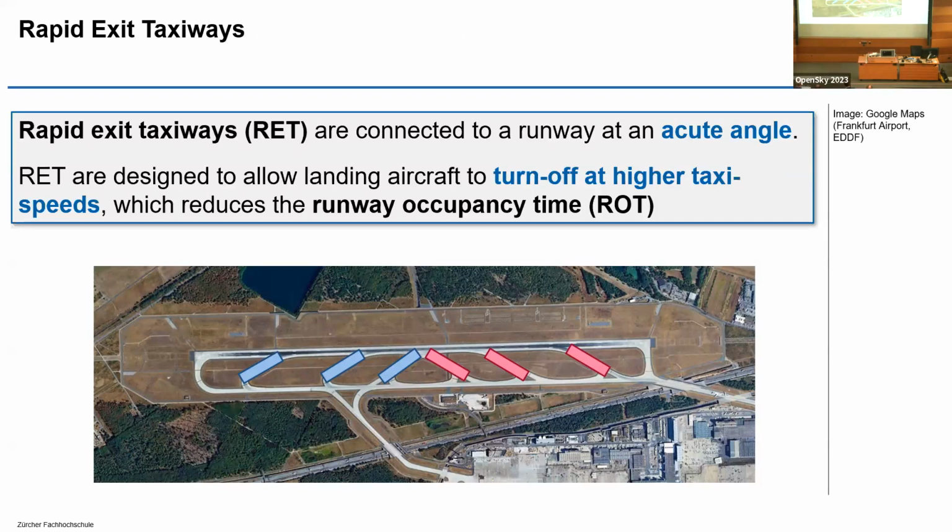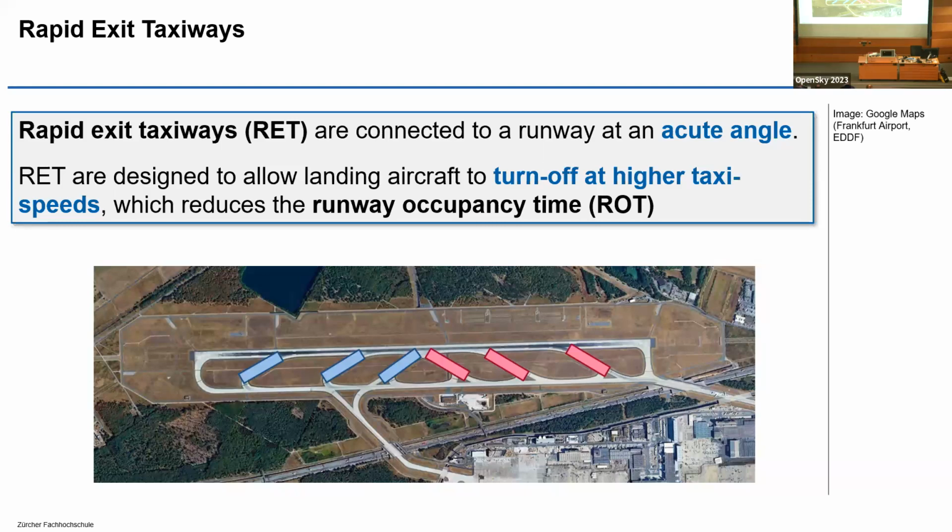Here you see an aerial overview of Frankfurt Airport, of one of its parallel runways, and marked in blue and in red, you see in total 6 rapid exit taxiways. These are taxiways which are located at an acute angle to the runway, and they basically allow landing aircraft, and that's important, it's only for landing aircraft, to turn off and leave the runway at higher speeds.